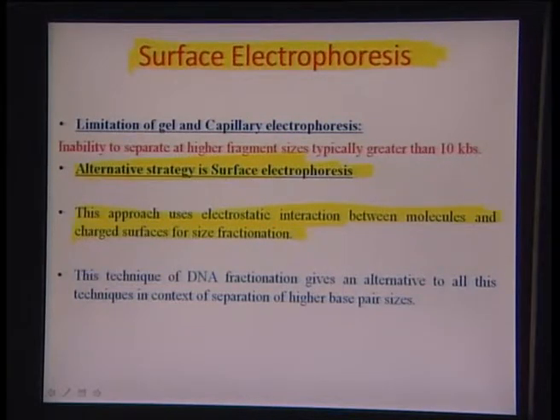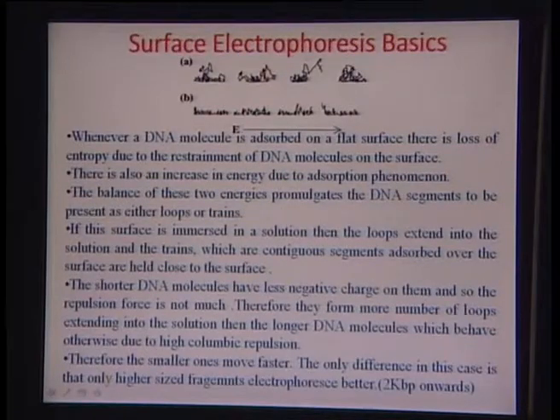I will explain this diagrammatically in a little bit, and this technique of DNA fractionation gives an alternative to all these techniques in the context of separation of higher base pair sizes. So it is a very good alternative that the surfaces have to provide. Now, how surface electrophoresis is done is essentially out of research work done at Benjamin Chu's group at Stony Brook.